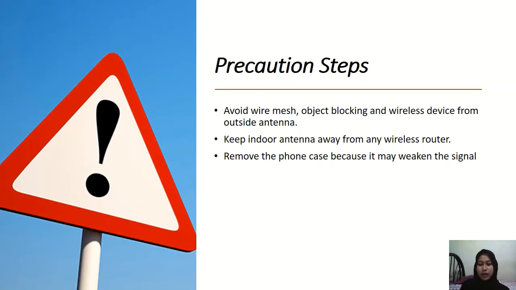But when I asked her to go away and please not block me, with no blocking object between me and the indoor antenna, the signal bars on the phone increased from 2 to 3, something like that. So I guess avoiding object blocking is really important in this project, in this experiment.